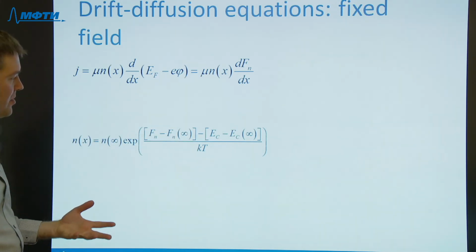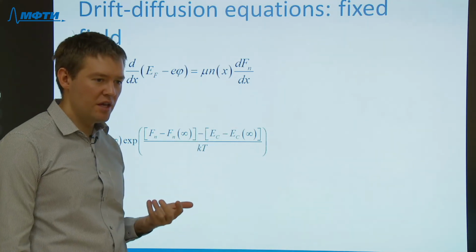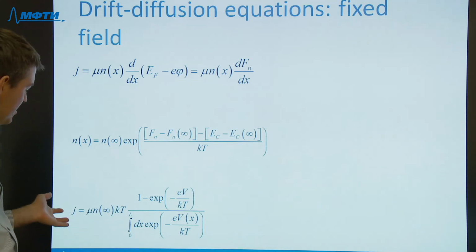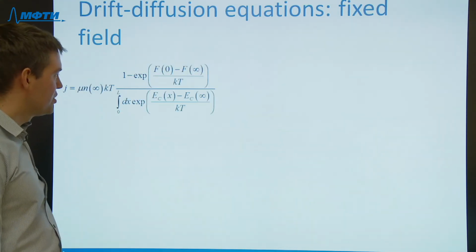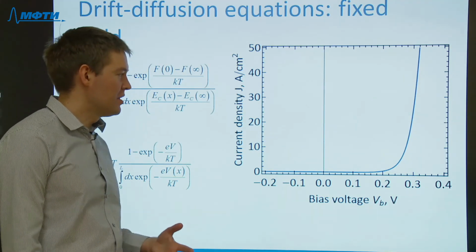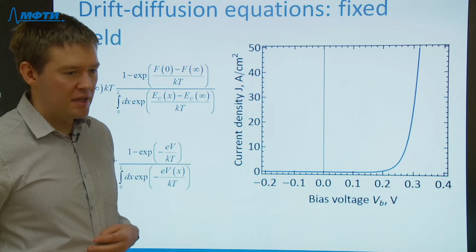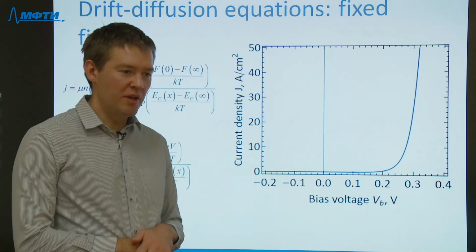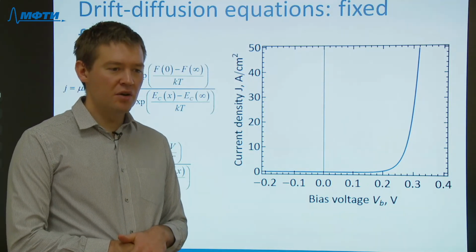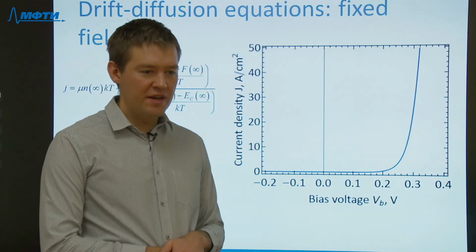We will assume that the conduction band profile varies in a known way, and we will make some tricky integration to get this current-voltage characteristic that is possible for numerical evaluations. And probably we will consider some extra examples of applying the drift-diffusion equations in real semiconductors. This is the outline of the next lecture.